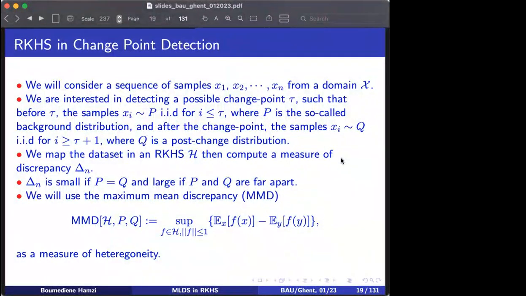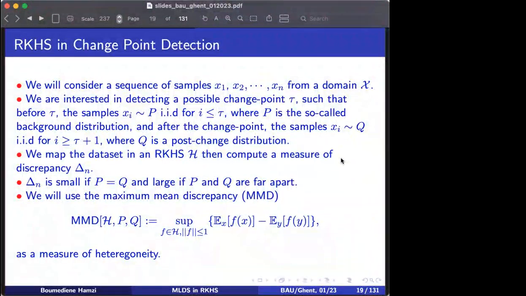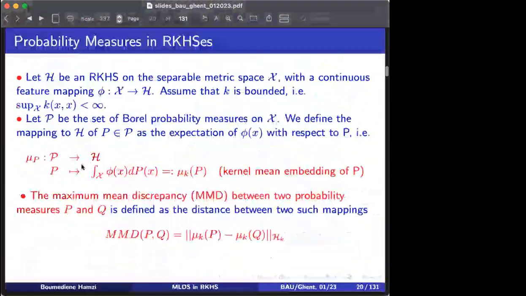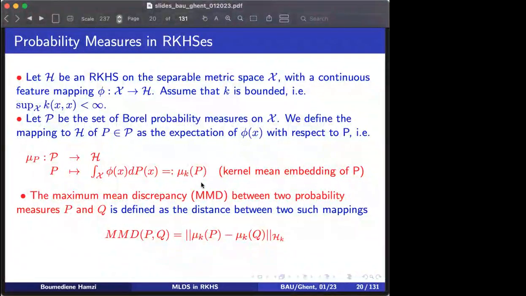Here, as I mentioned, we want to argue for RKHS as linearizing spaces. The measure of discrepancy that we'll be using is the maximum mean discrepancy, given by the following object. In practice, this means that we are mapping the probability distribution P into some Hilbert space RKHS H, and then computing the mean in the RKHS, which we call the kernel mean embedding.